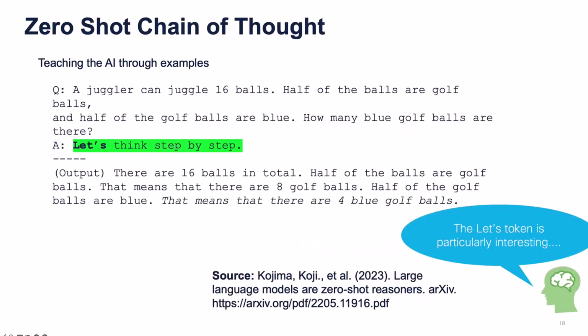And it's interesting because the let's token in particular, I find is pretty fascinating. The step-by-step piece is interesting because it shows its work. But the let's token was really cool in how it solved this problem.